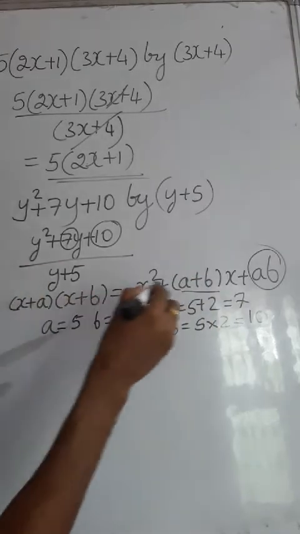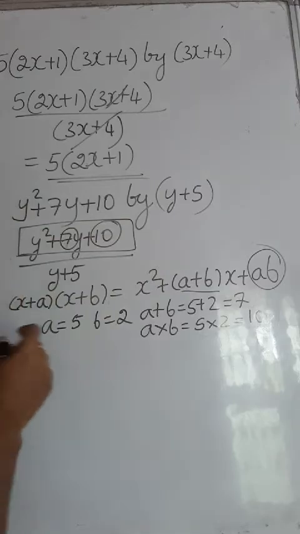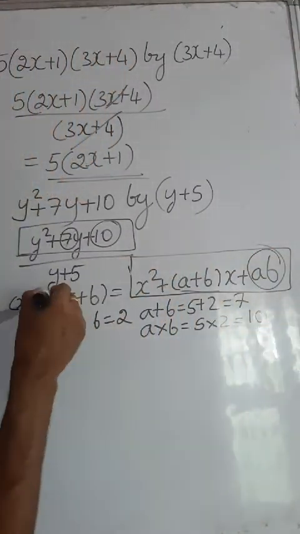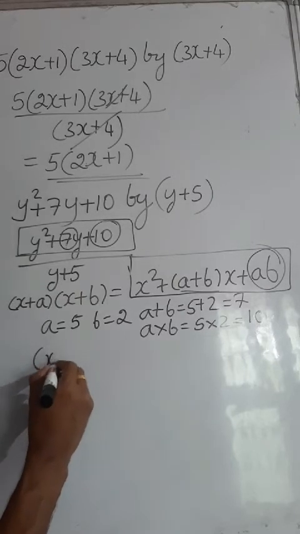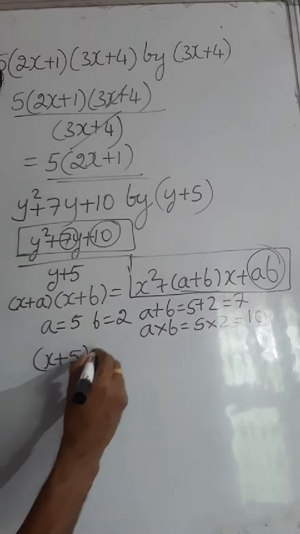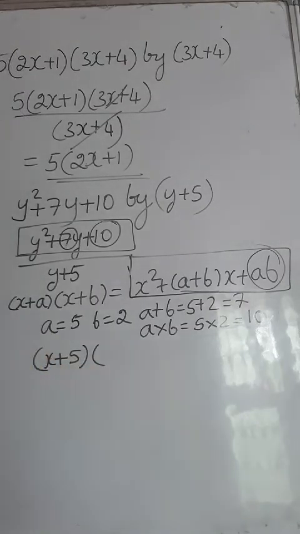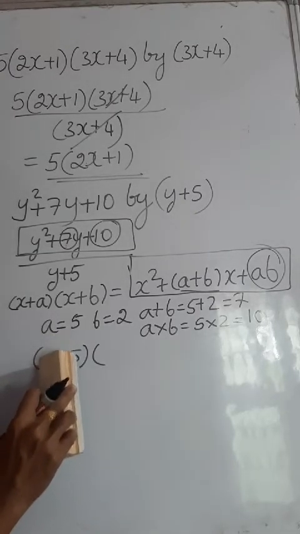So now this expression is in this format, right? You can write it as (x plus a) into (x plus b). Okay, it is in y, right? Last time also I made the mistake: instead of x somewhere I had written y.